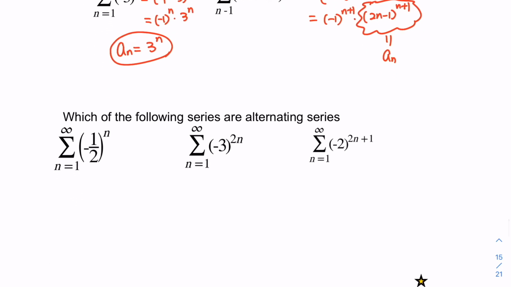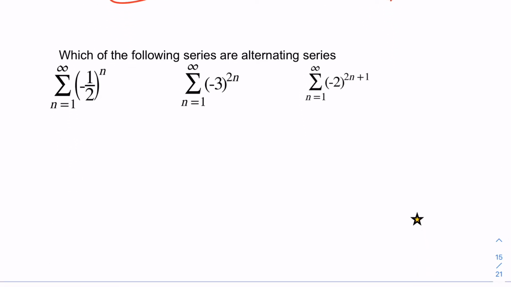Sometimes we also have to identify if the given series is an alternating series. For example, this one, we split into two parts. So yes, it is an alternating series, and at the same time it is also a geometric series. Similarly, this one, (-1)^(2n) times 3^(2n).